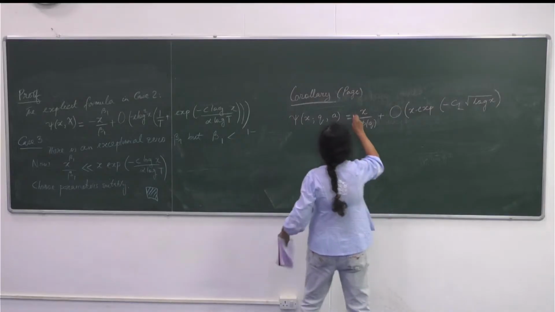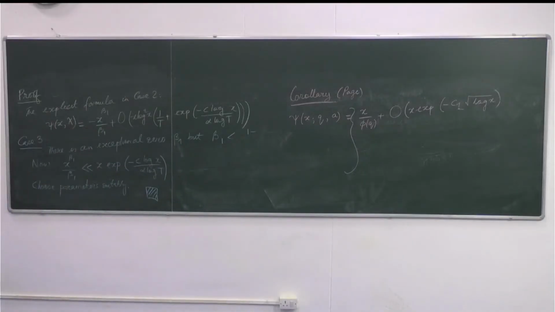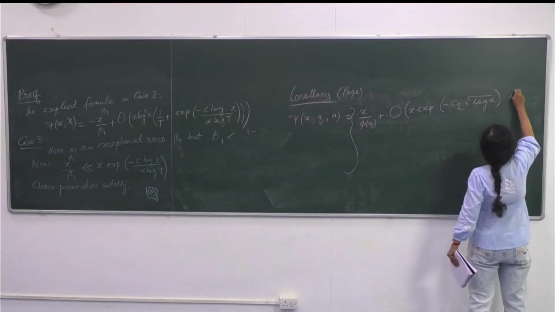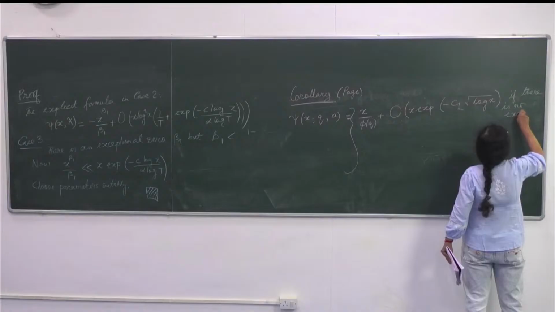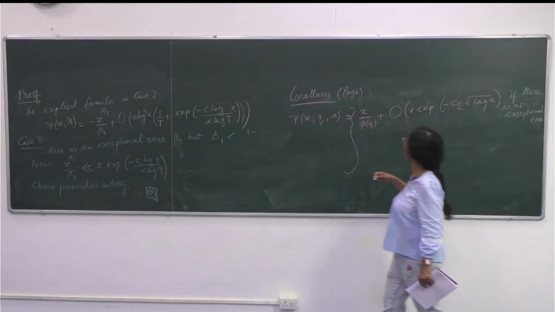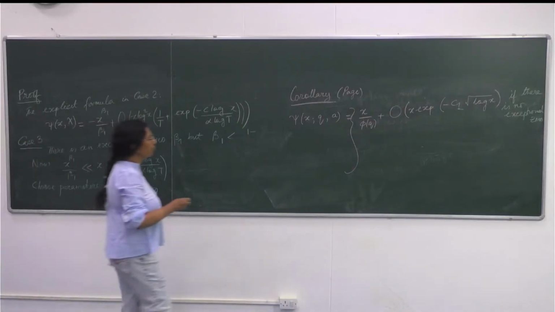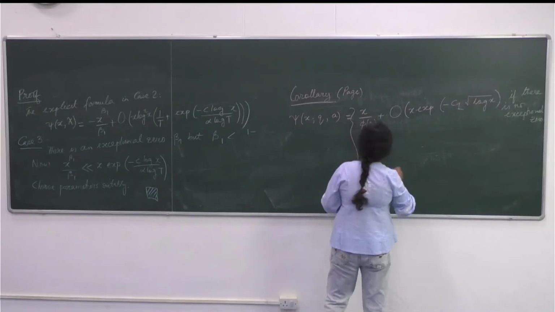if there is no exceptional zero. Or it is equal to a term containing exceptional zeros, and this time you're going to still have x by phi q, the first main term, and then a second, what should be a main term.